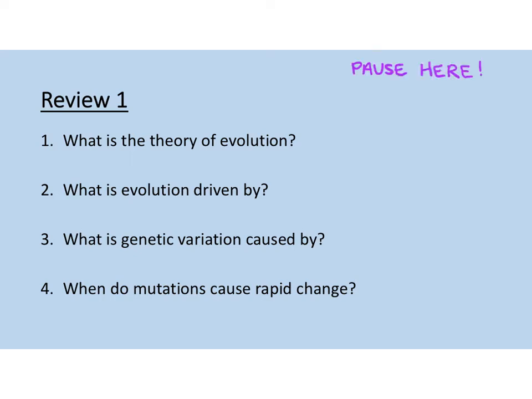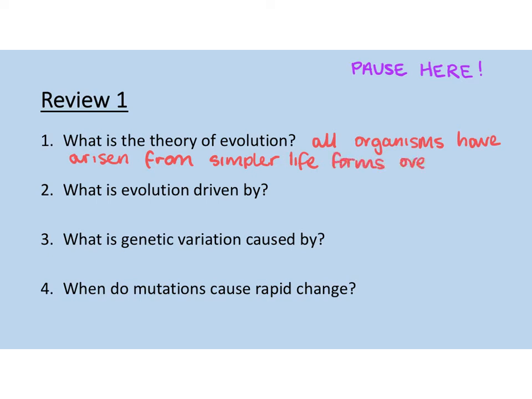Okay, so let's go through the answers. Number 1, what is the theory of evolution? It's all organisms have arisen from simpler life forms over billions of years.